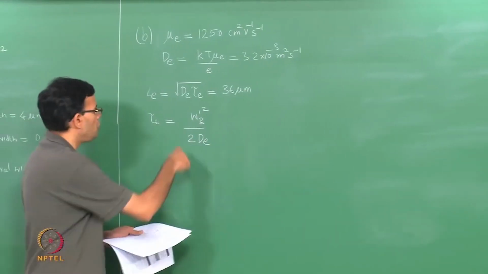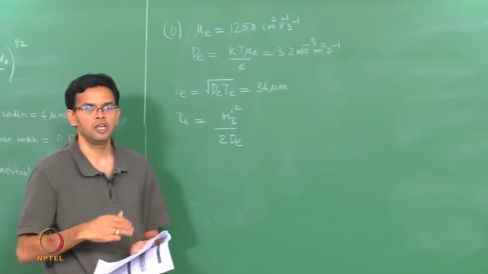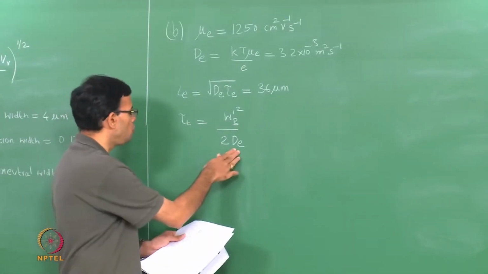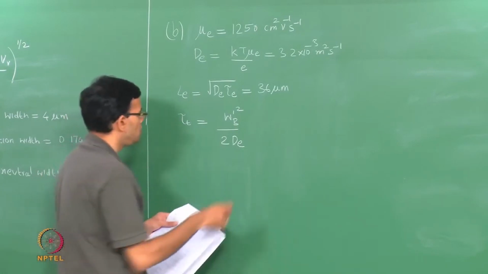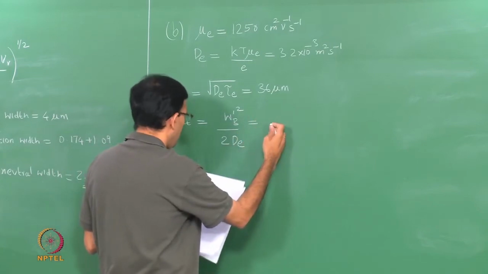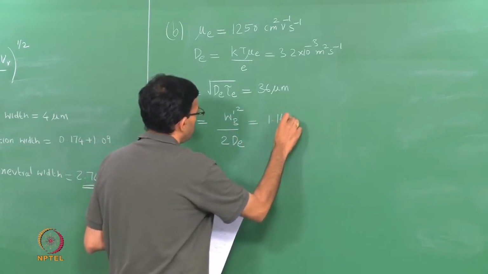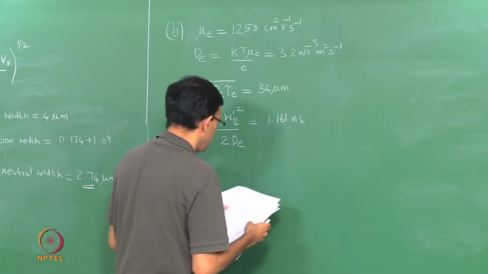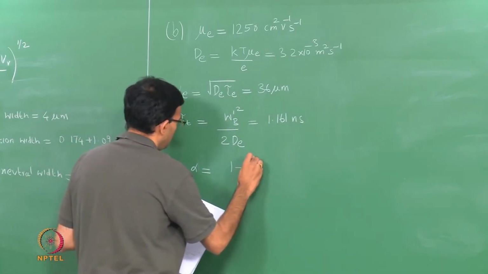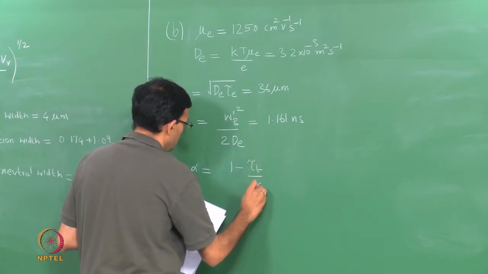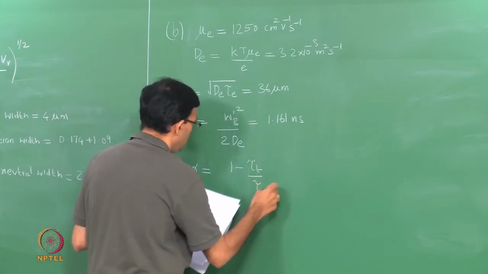Last time we wrote it as WB equal to square root of 2 d times tau, I am just writing it the other way. So, this is the transit time and this has a value 1.161 nanoseconds. Alpha is then 1 minus tau t over tau e.